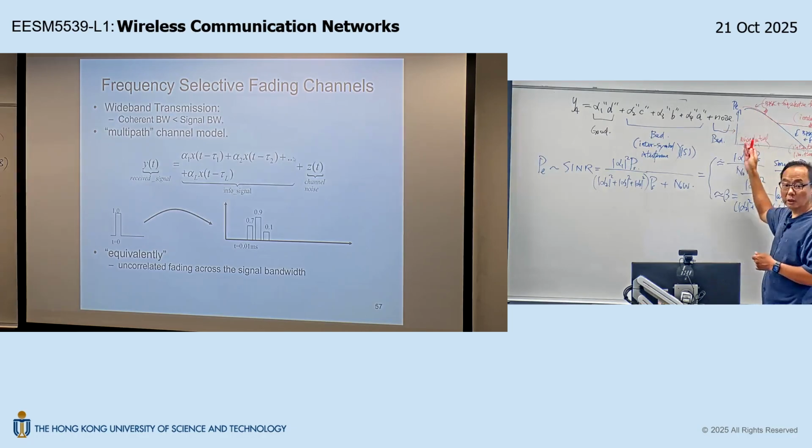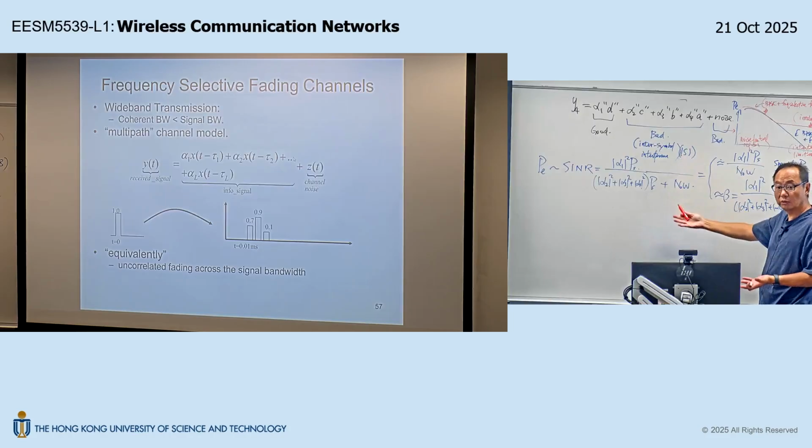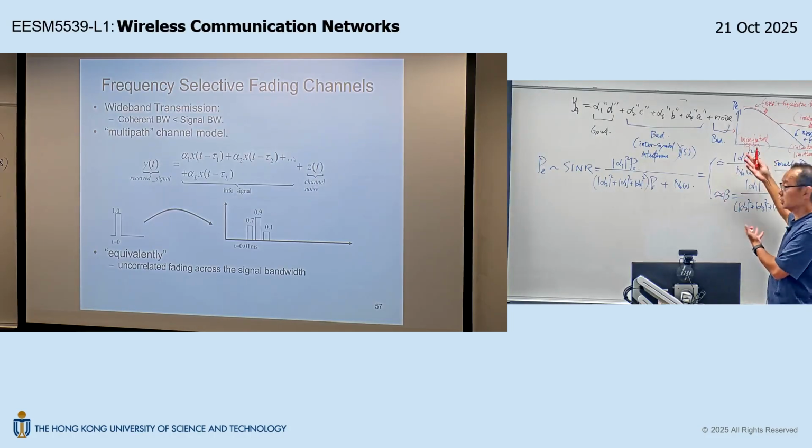In the noise limited region, since it behaves very similar to the flat fading case as if there were no interference, the benefit of diversity will apply to this case as well. So the error probability curve will be steeper like this. So this is the benefit of diversity. Okay? However, as you get into the interference limited region, the irreducible error floor will still be there. Okay, so this is the curve with diversity.